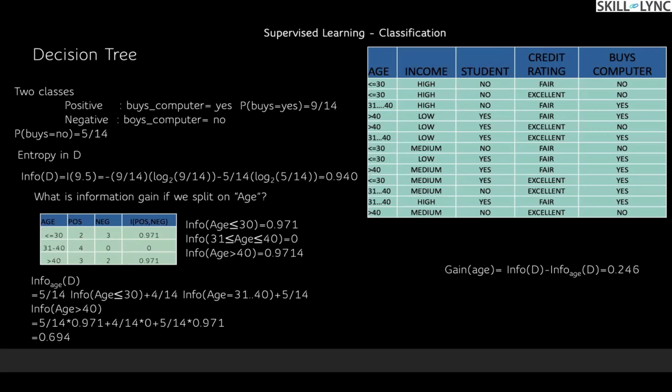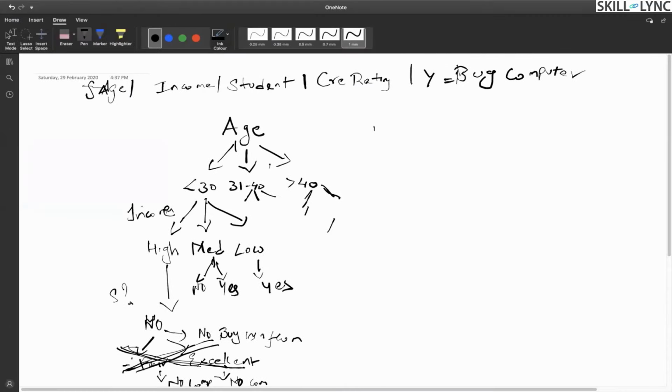Compromising in the sense, what I will do is, for less than or equal to 30, if you notice, there are 5 less than or equal to 30s, and we can notice that 3 have no buying a computer and 2 have buying a computer. So what I will do, I will directly stop my tree here itself.